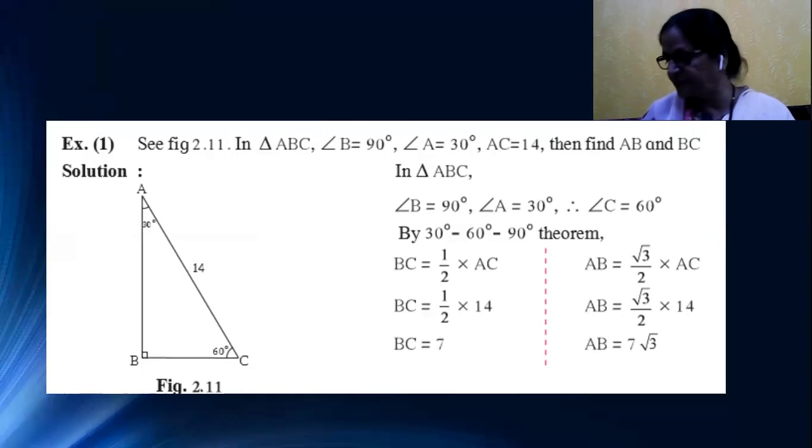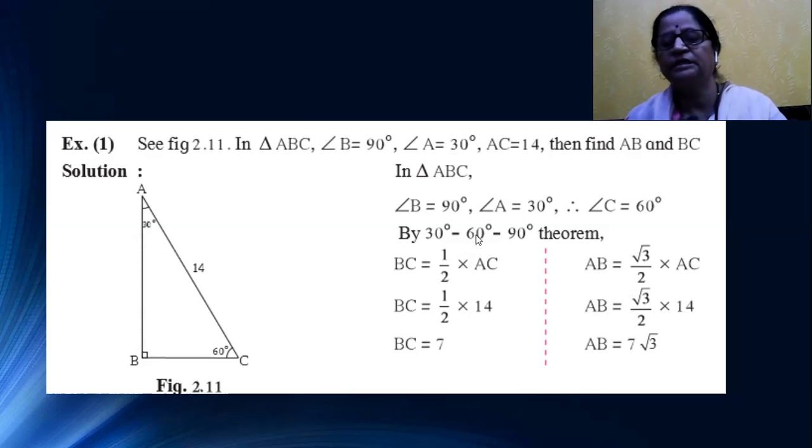In this triangle ABC, angle B is 90 degrees, A is 30 degrees and C is 60 degrees. By the 30-60-90 degree theorem, we know that the side opposite to 30 degrees is half of the hypotenuse.